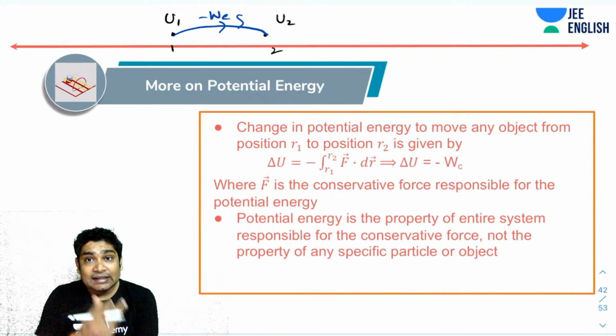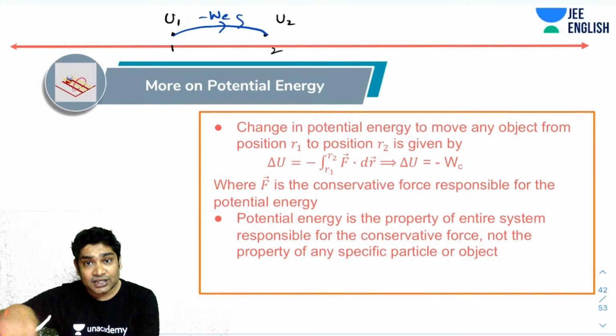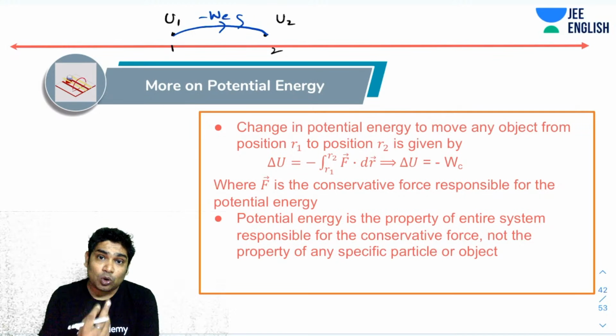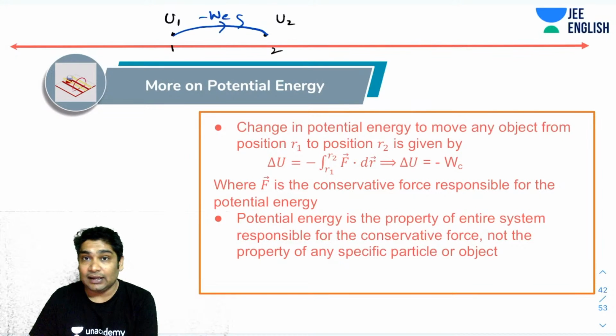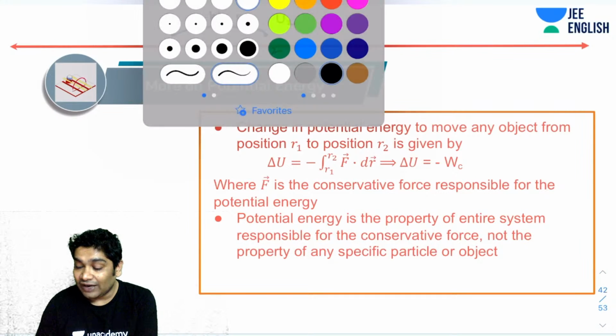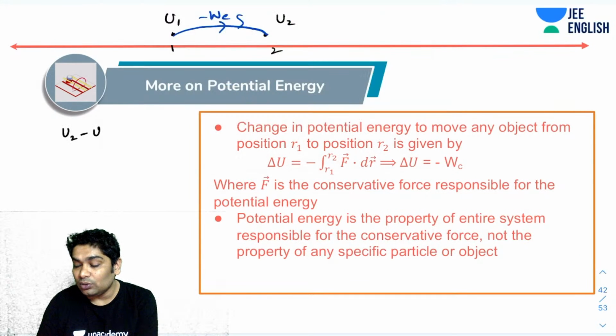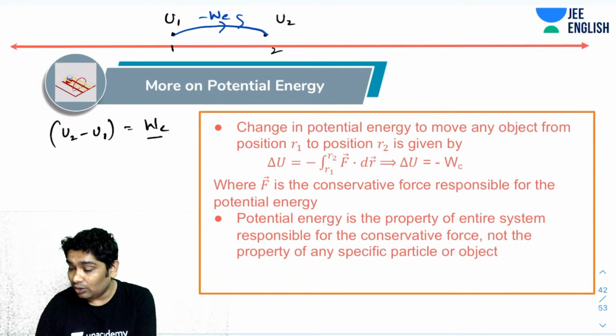Then this negative work is the energy that it stored. So I can say that the stored energy increases by this amount. That is what I'm trying to say. How do you find the potential energies? You can say that U2 minus U1, the increase in potential energy, would have been WC if this was negative. In general, let's just write it as minus W.